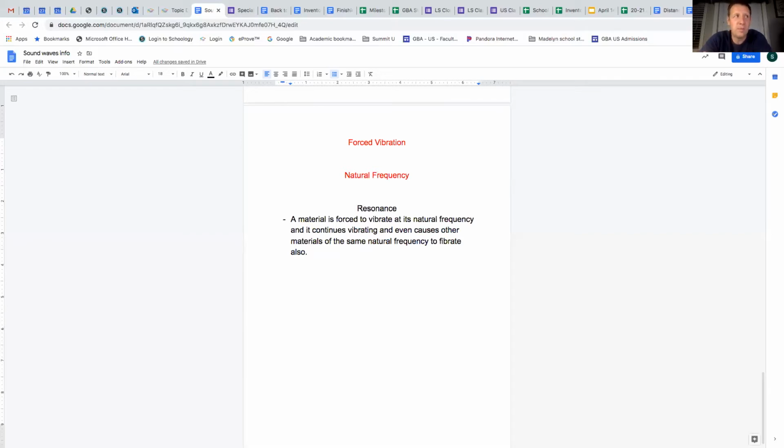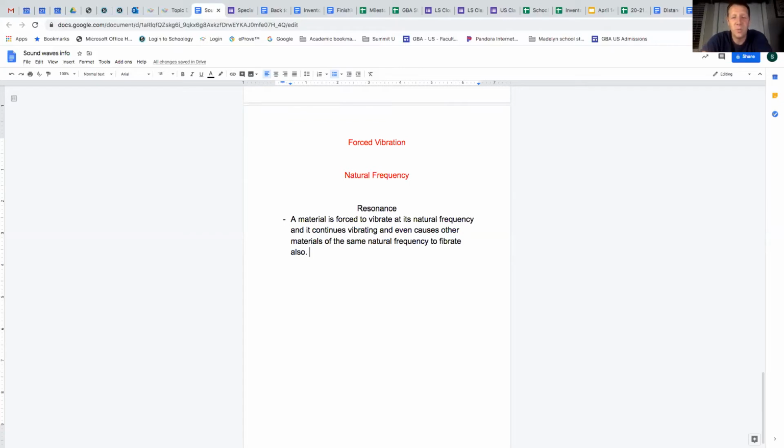So every material has a natural frequency, and when you get it at its perfect natural resonance frequency, boom, that thing keeps vibrating, keeps vibrating, keeps vibrating. And what it does is it propagates that energy out, and that energy can be transferred to other things that have that same natural frequency.